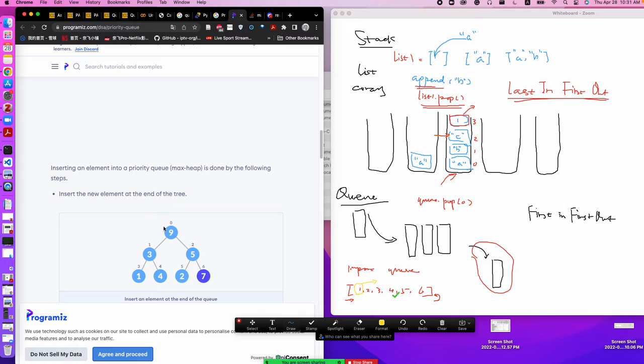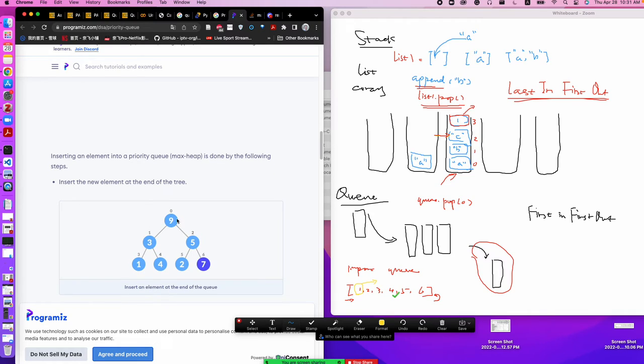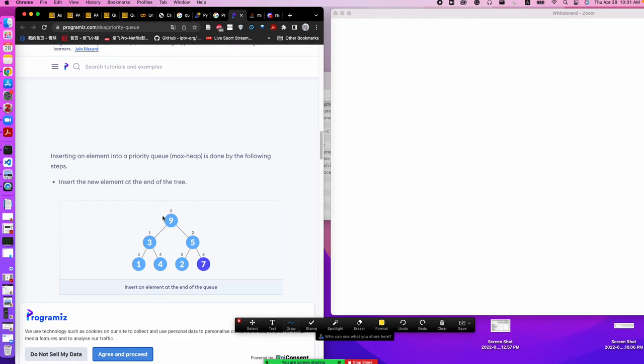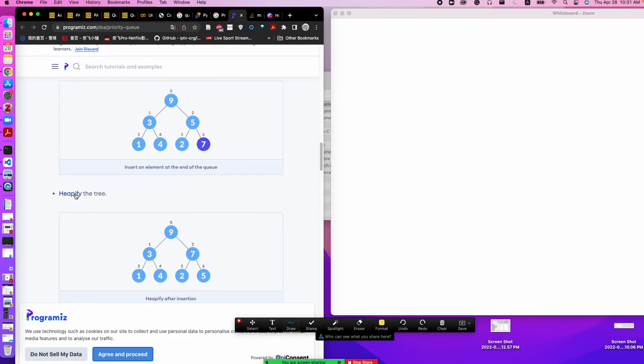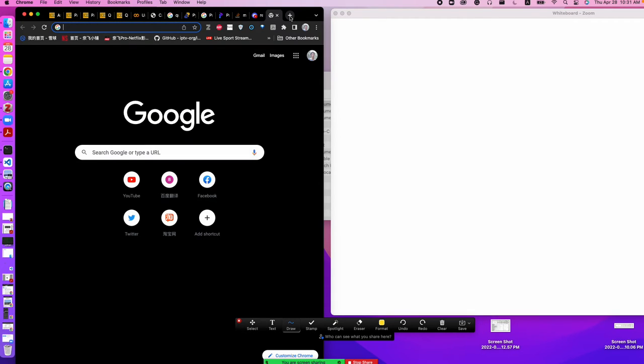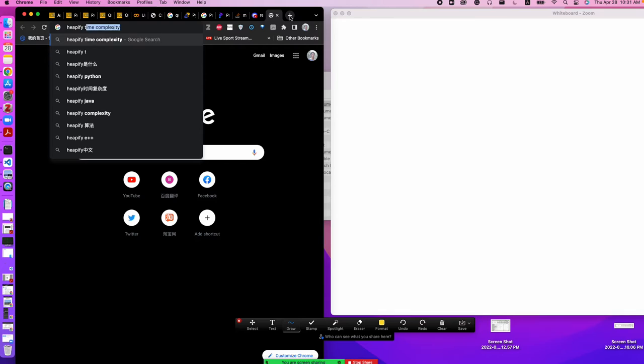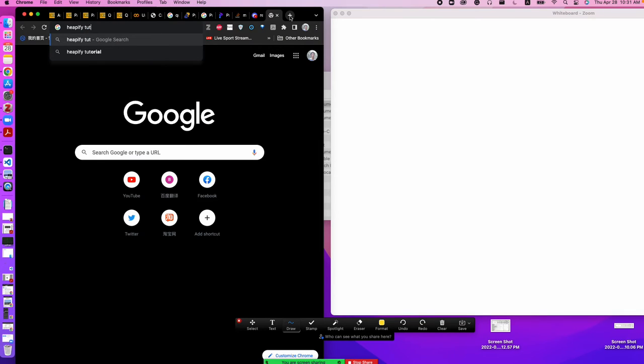So by using this weighting factor, we can draw a data structure, or let's say a tree, right? So for example, like this one, in Python we can use this heapify function. Let me find an example in Python.